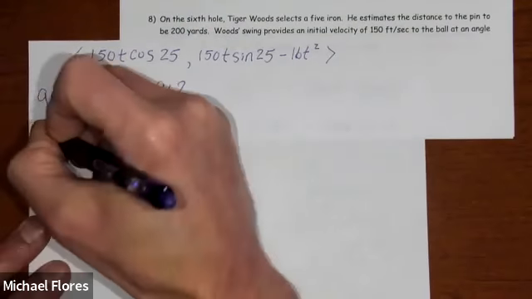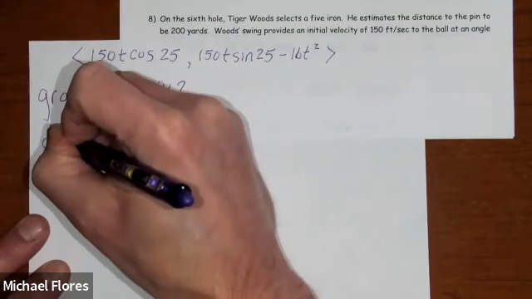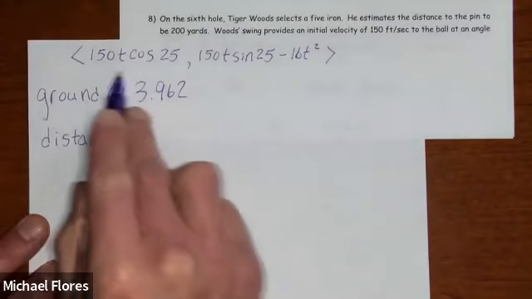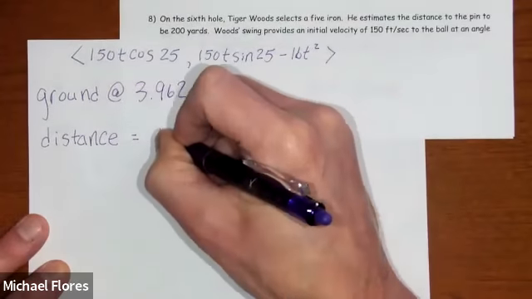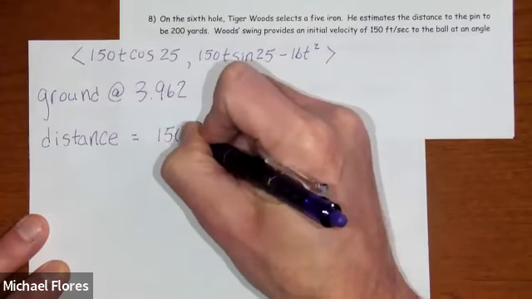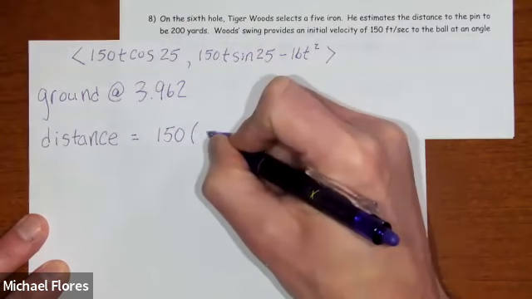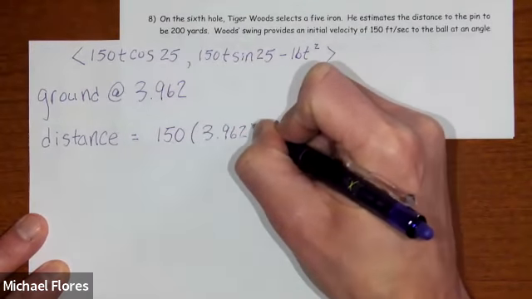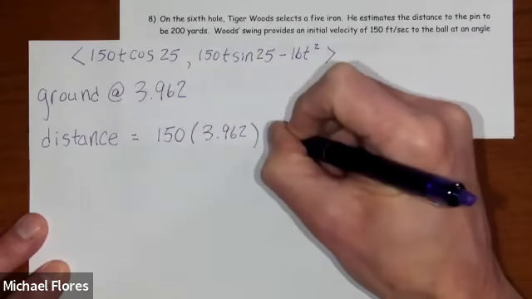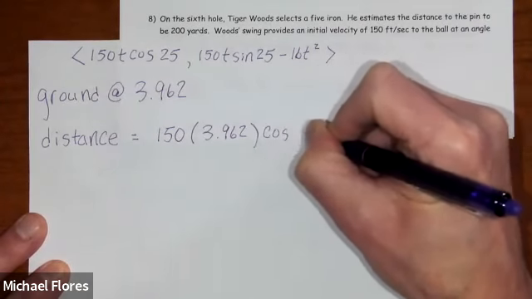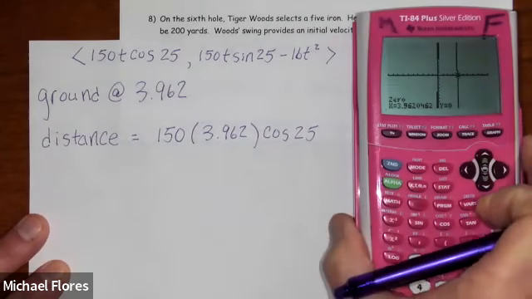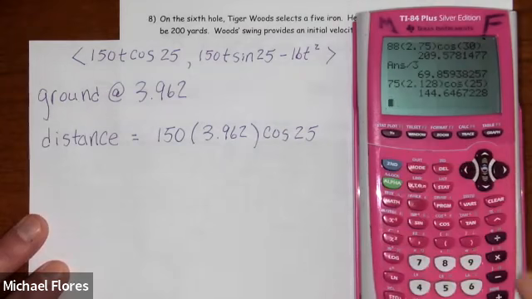Now let's figure out what the distance is. Is it going to hit the pin? Let's take our horizontal equation. Everywhere we see a t, substitute 3.962. Cosine 25. Let's plug it in and see how far this ball travels.